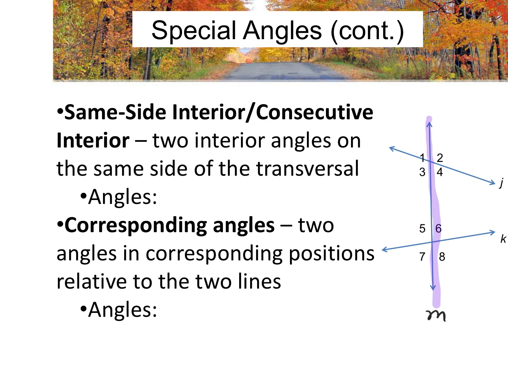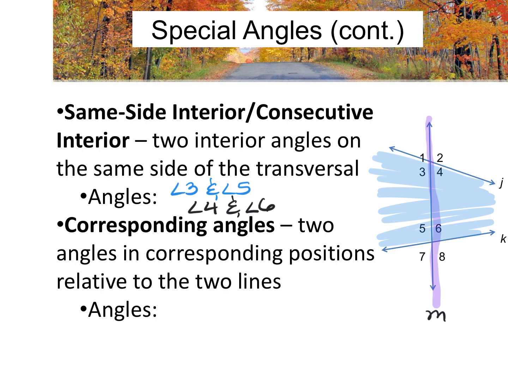And I'm looking for two angles that are in the interior. So again, this is my interior portion that are on the same side of the transversal. So those could be angles 3 and 5 and angles 4 and 6. Same side of the transversal, but in the interior portion. So 3 and 5 together, and 4 and 6.